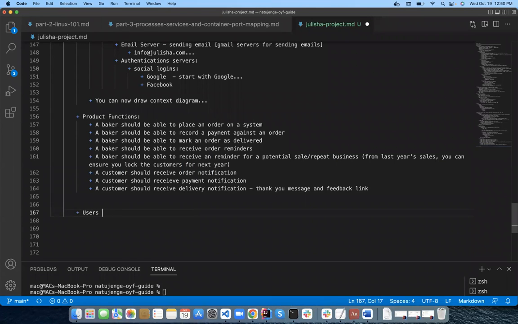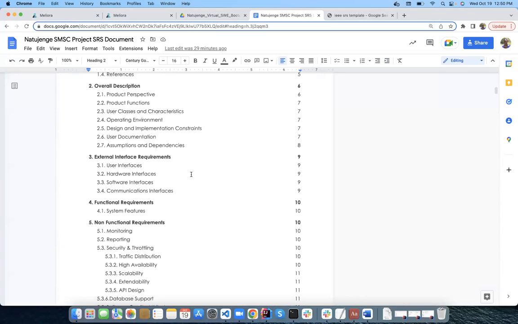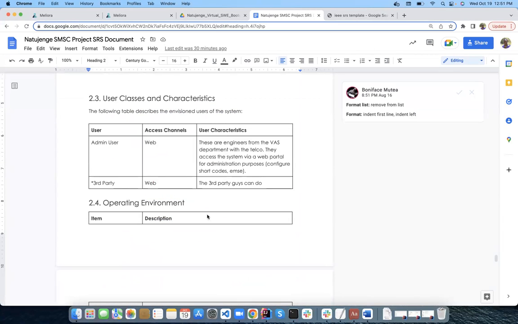Then you have the users and their characteristics. Now the users, you have the baker and you have the customer. Now, when you say characteristics, you're supposed to give the characteristics, what the access channels they're supposed to use, access channel.